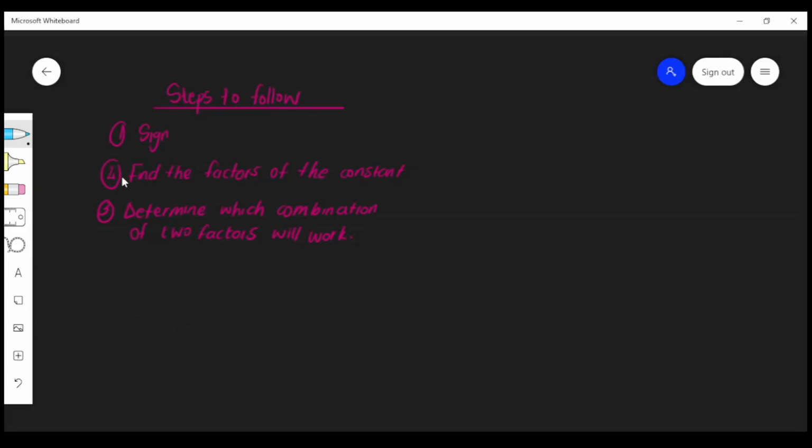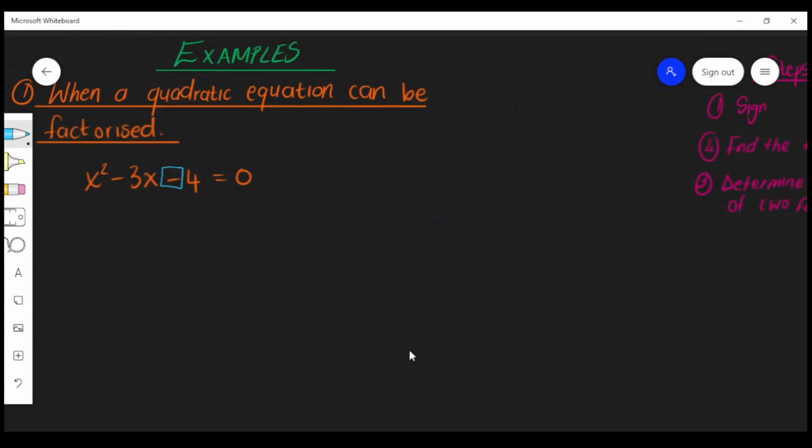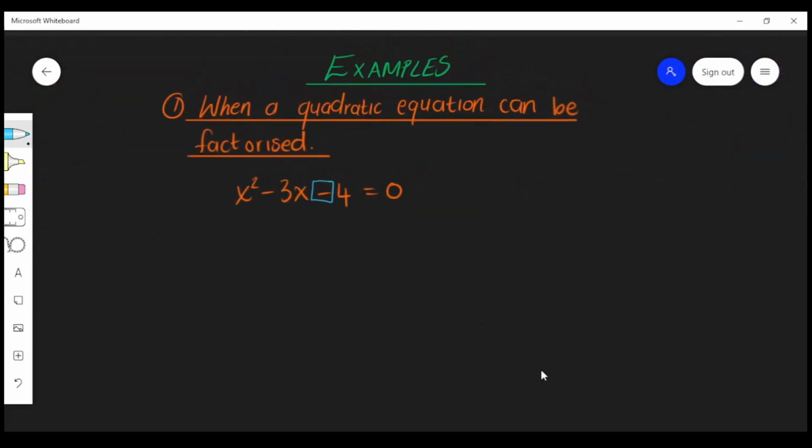I'll go over it again. Number 1, we first look at the sign of the constant term. Number 2, we find the factors of the constant term. And number 3, we determine which combination of those two factors will work in helping us to factorize our quadratic equation. All right, let's get into it.